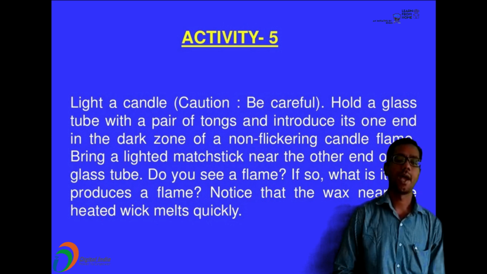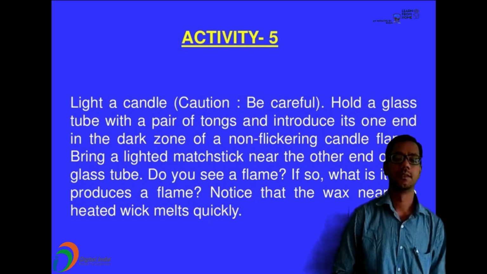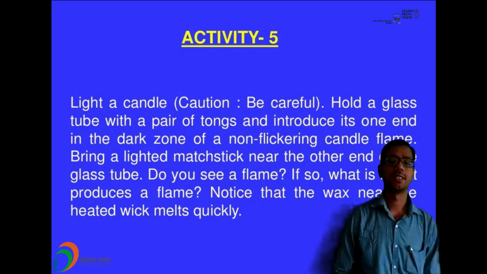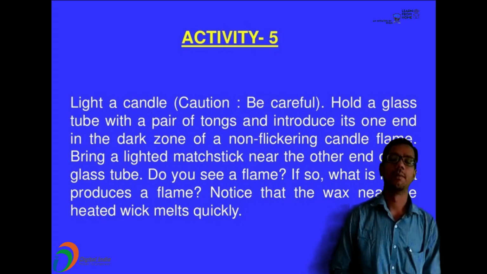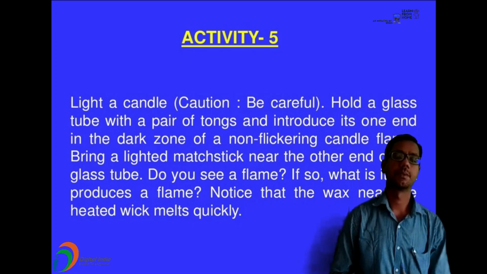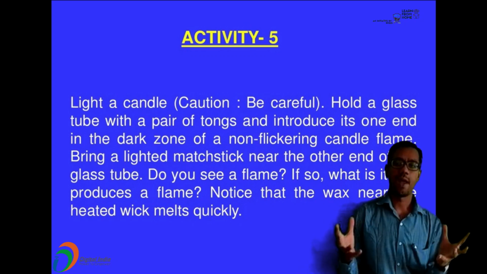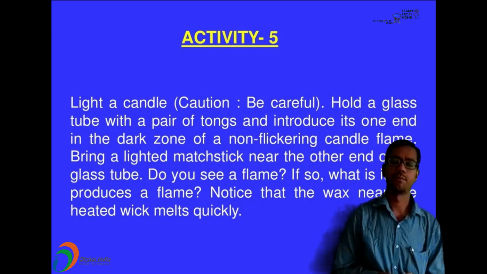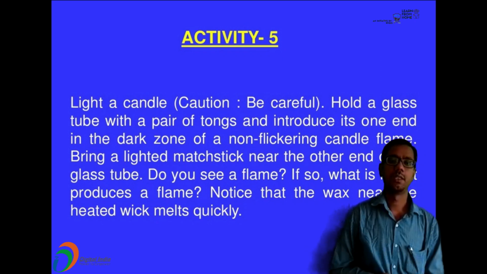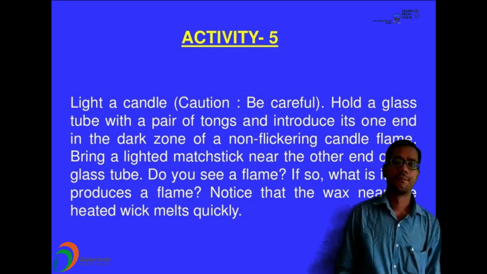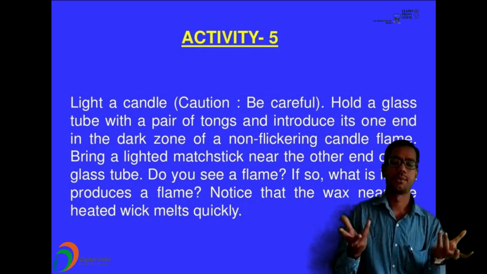Notice that the wax near the heated wick melts quickly. Why does this happen? Because the wax gains heat energy from the flame. Due to the gain of heat energy, the wax slowly melts and forms vapors.